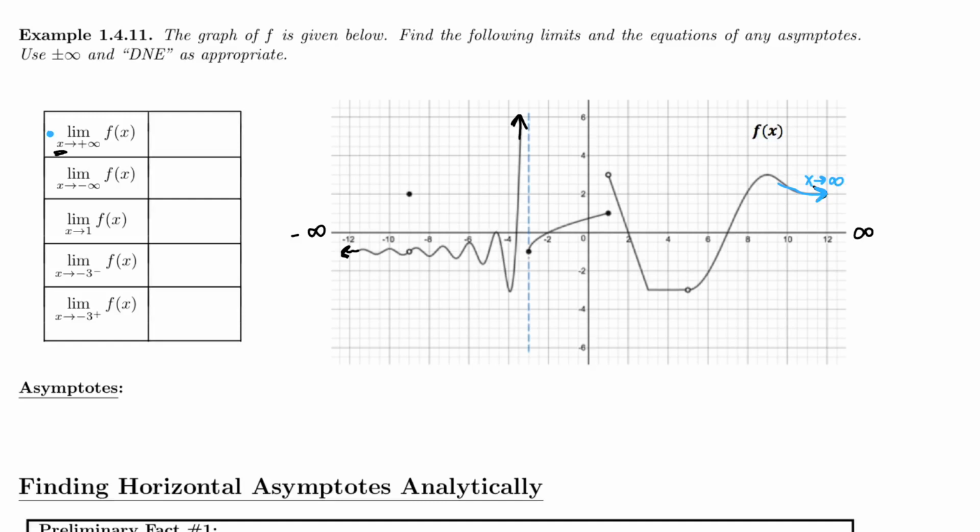It's flattening out to the y value 2. There's a horizontal asymptote, it appears, at y equals 2. So that limit is 2 because it's flattening out, and we can assume that the y value will continue to be 2 as this function continues outward.